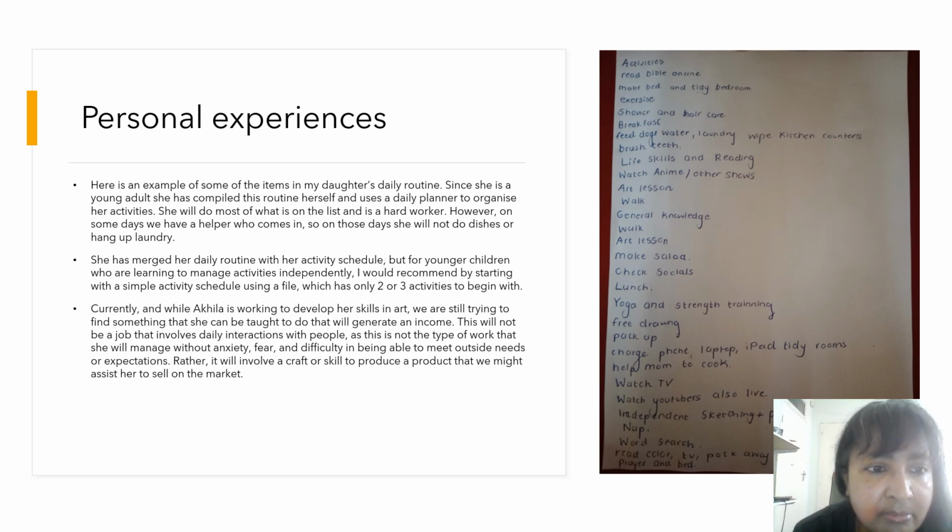In her case, she has merged her daily routine with her activity schedule. That's just because she's older and knows how to manage it. But for younger children who are learning to manage activities independently, I would recommend starting with a simple activity schedule using a file which contains 2 or 3 activities to begin with.